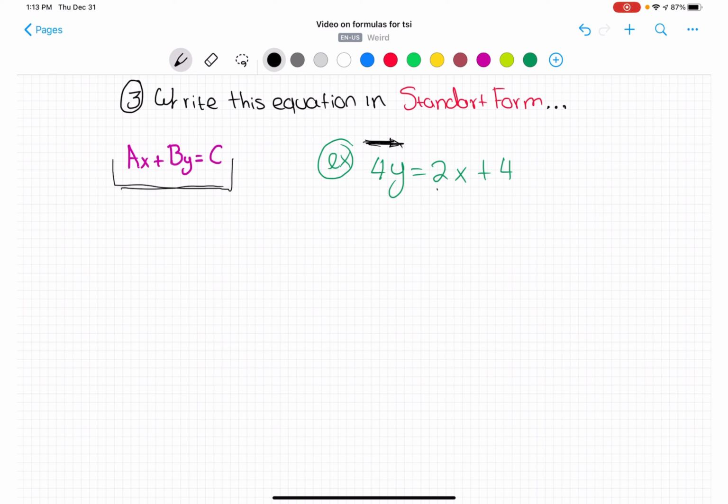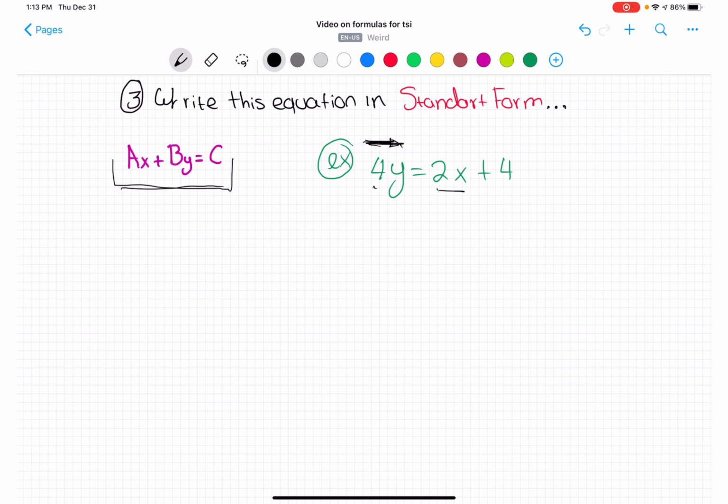The numbers by themselves are constants, and the numbers with the x or the y are variables. The variables go on one side, and the constant, the number by itself, goes on the other side.